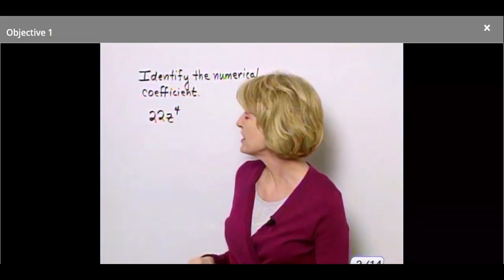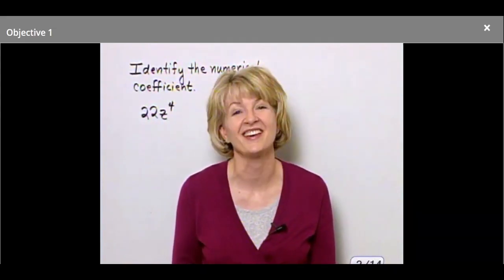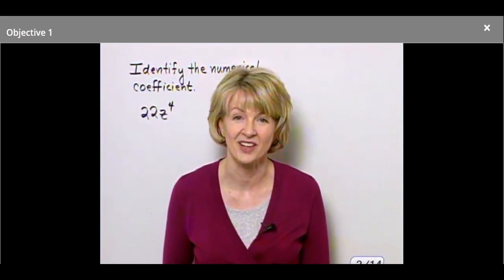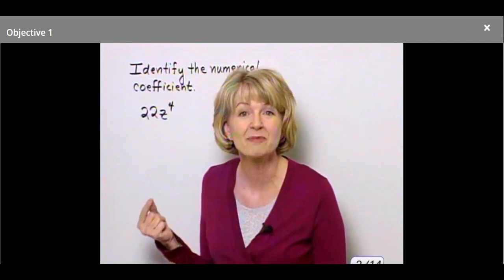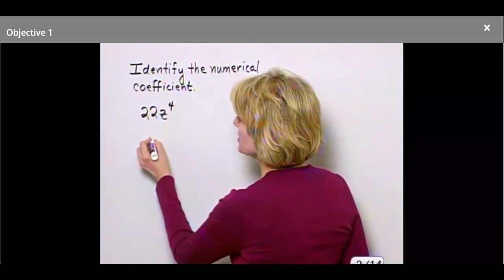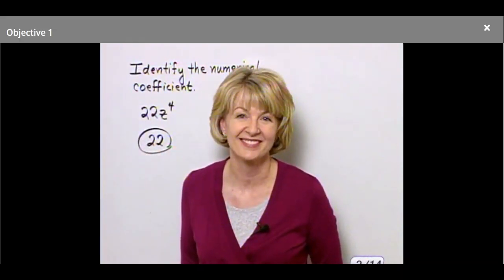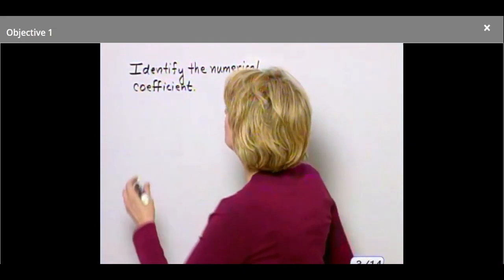I'd like to find the numerical coefficient of this term, and that is the numerical factor of this term. Since this is 22 times z to the 4th power, the numerical coefficient is 22.